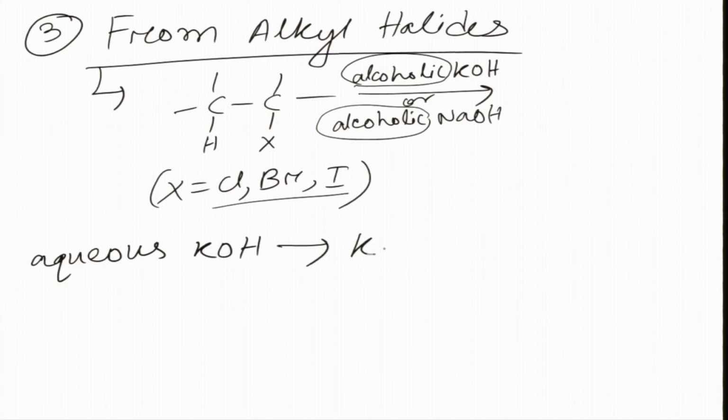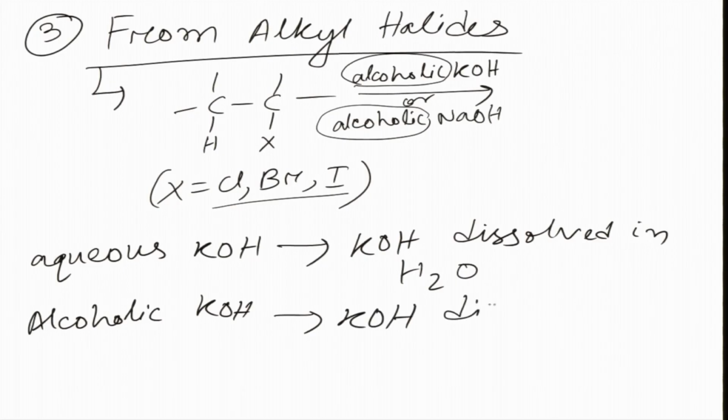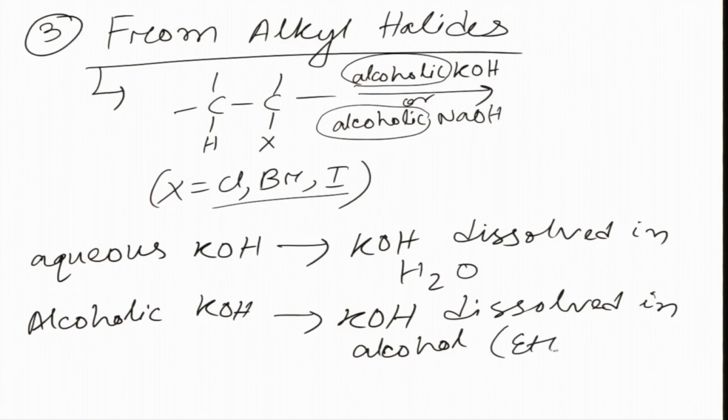It will mean that potassium hydroxide dissolved in water. This will be aqueous KOH. If we say alcoholic KOH, that will mean potassium hydroxide dissolved in alcohol. It can be ethanol also, okay.